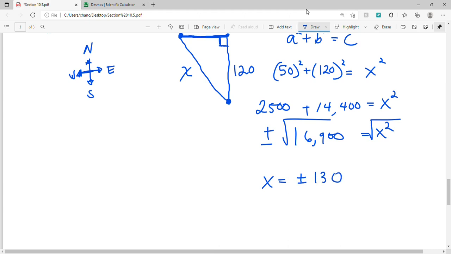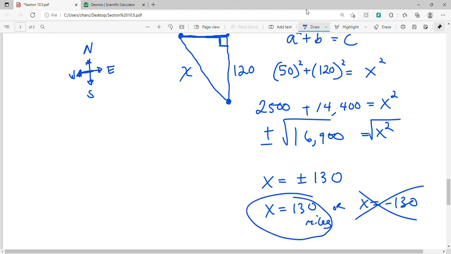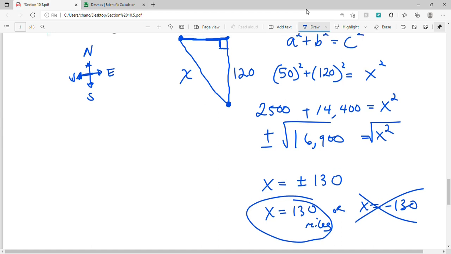We're going to throw out the negative because negative 130 miles doesn't make sense. So x equals 130, or x equals negative 130. We'll throw that one out. So our answer is 130 miles. It takes us a distance of 130 miles to go from Modesto to Visalia.